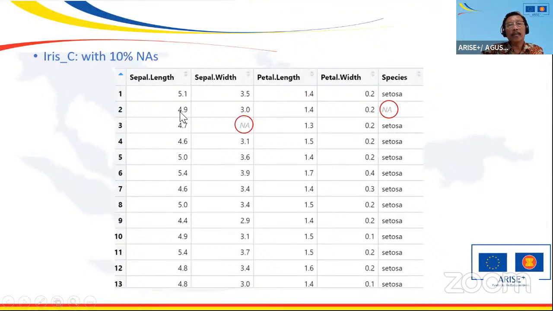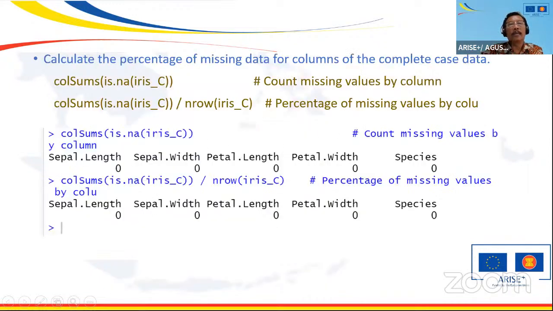So you can see where you put the NA randomly. Here and there, and in the next rows. Now you can check. I think you've seen this function, you can check the number of NA by column, column sum.